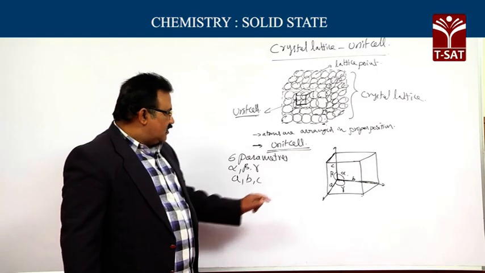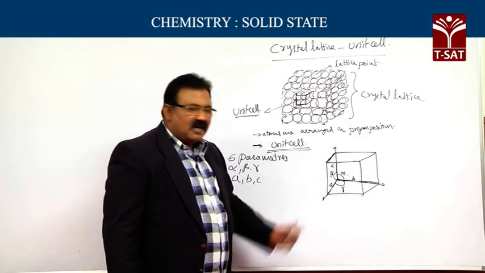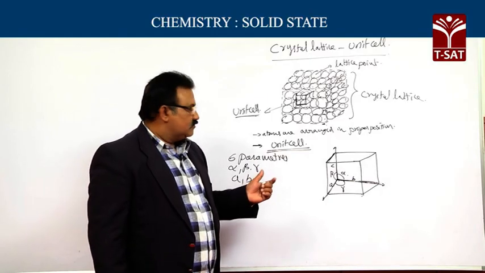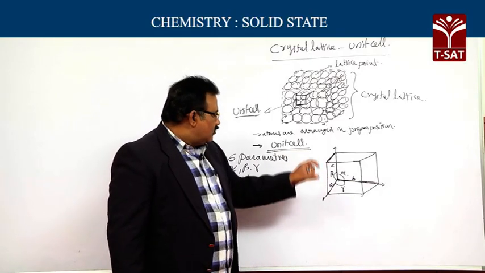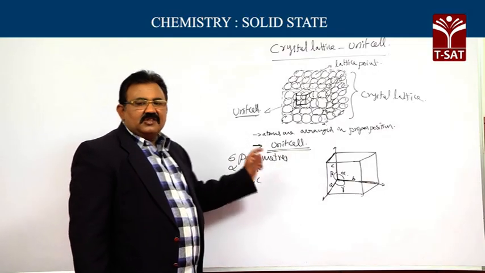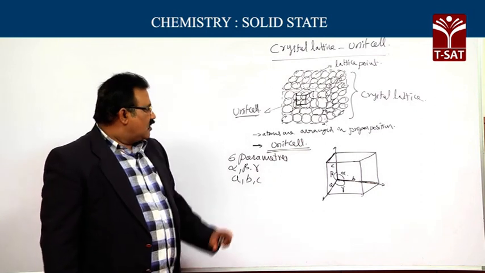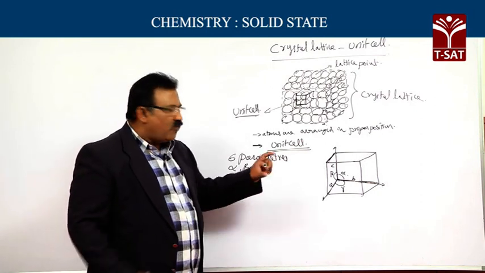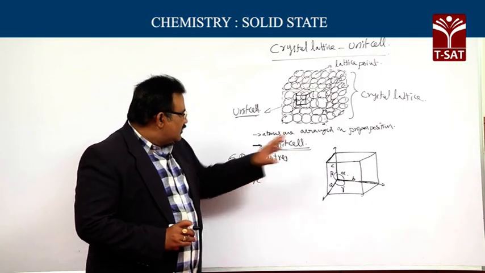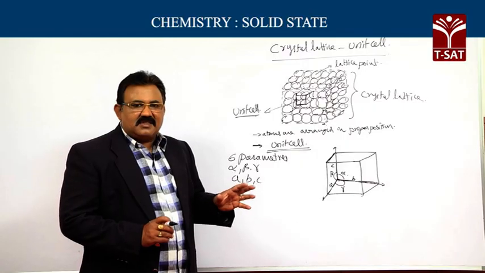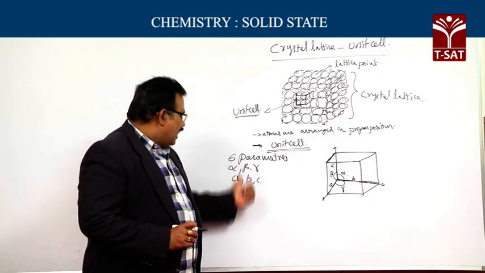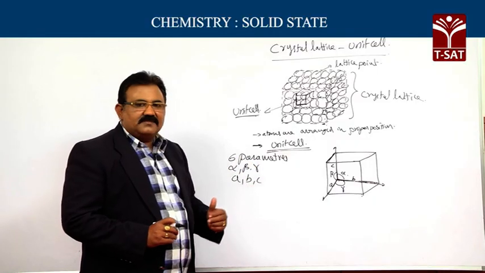In different unit cells, the alpha, beta, gamma angles may be equal, may not be equal. So, based on the 6 parameters, the unit cells are formed. So, the different crystal systems we have are because of the arrangement of the 6 parameters.